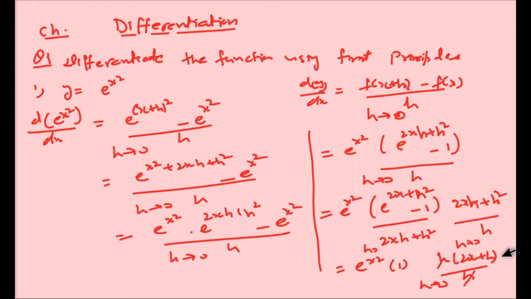Cancel out this and putting the value of h, we find e to the power x square into 1 into (2x plus 0).